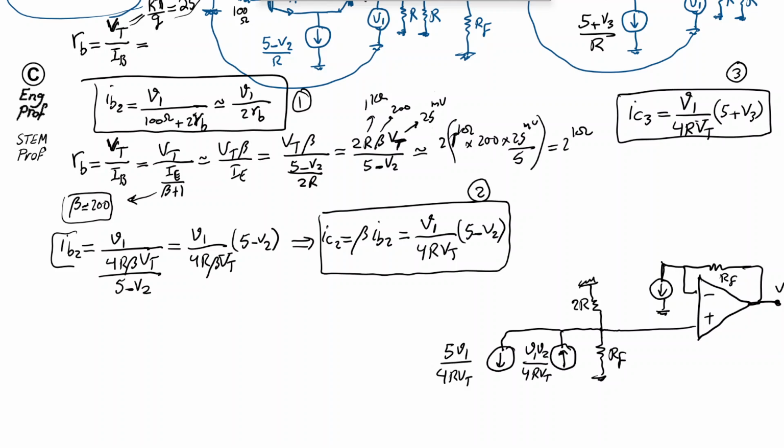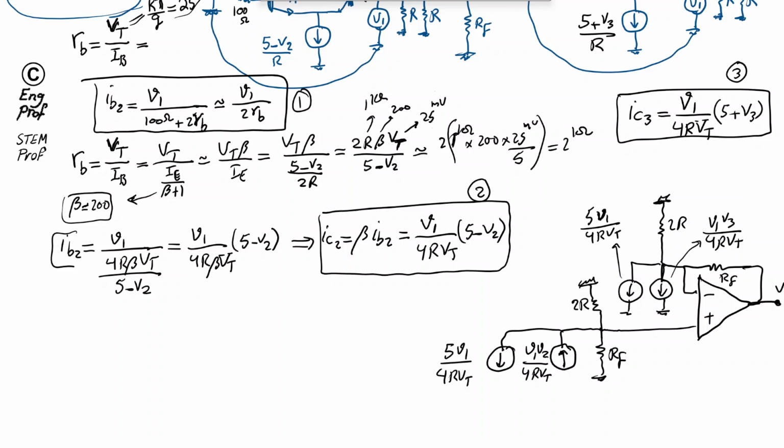So we have this one, and we have this one, and then we have a connection to top, AC ground, and then we have 2R. Okay, so the values of these current sources are V1 V3 divided by 4R Vt, and for this one we have 5V1 divided by 4R Vt.